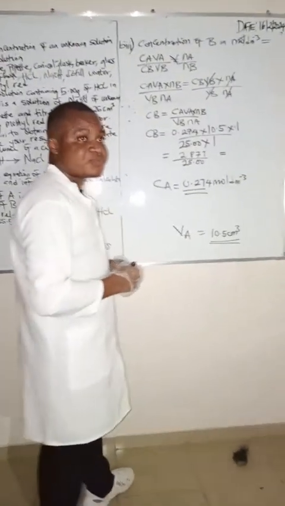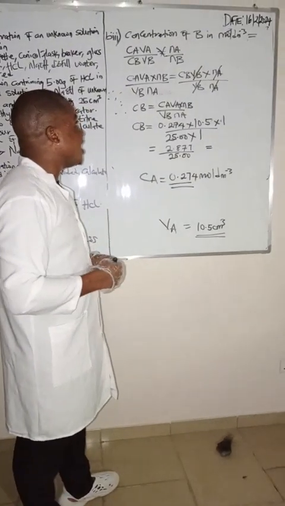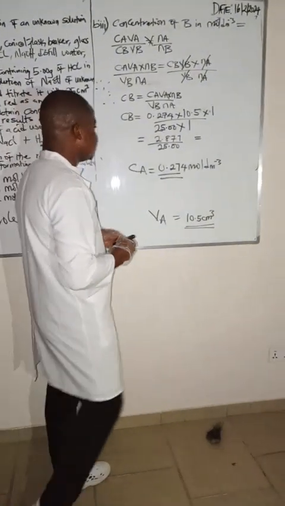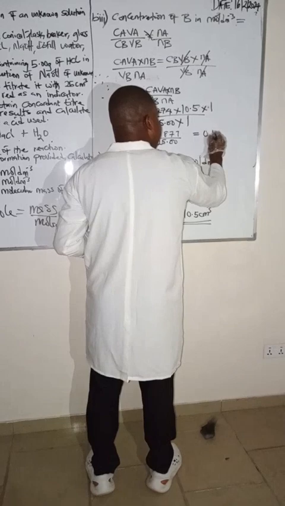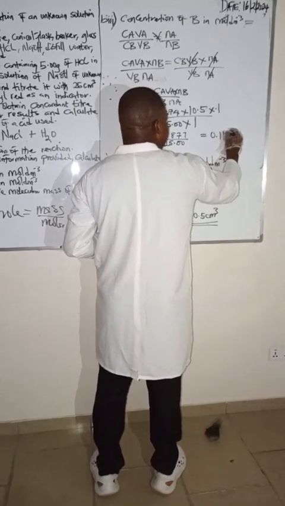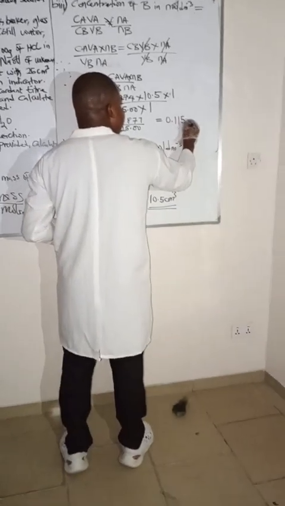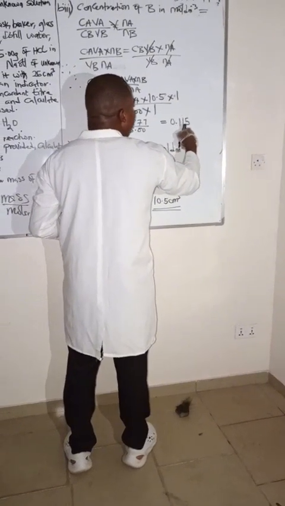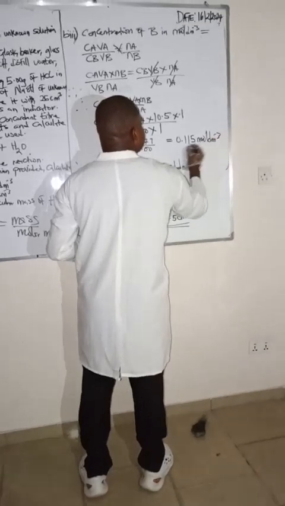What do you have? Those of you calculating the fast. 0.115. After the 5 is 08. Okay, we'll leave it at 0.115 mole per dm cube.